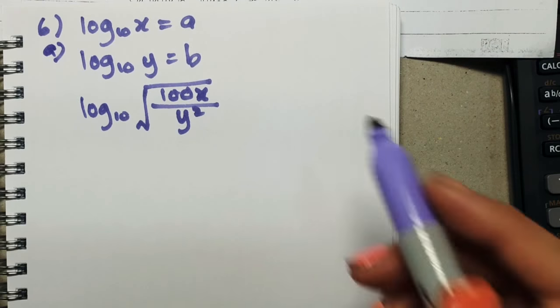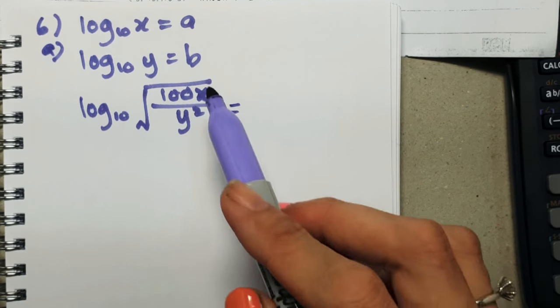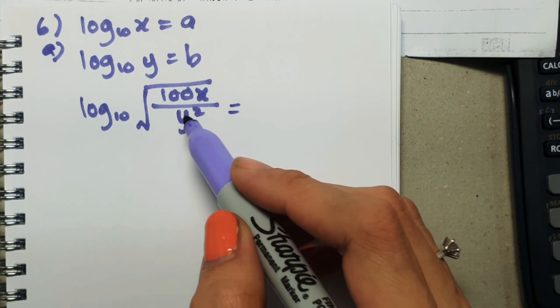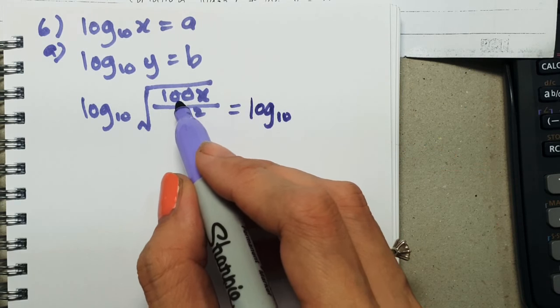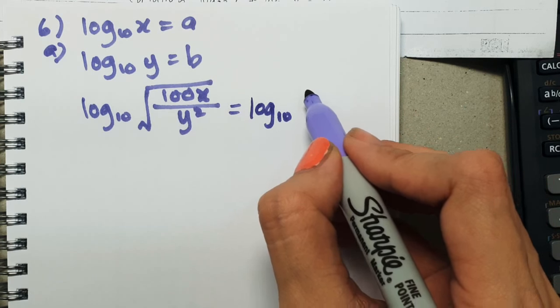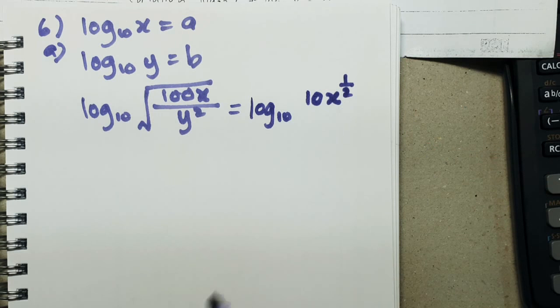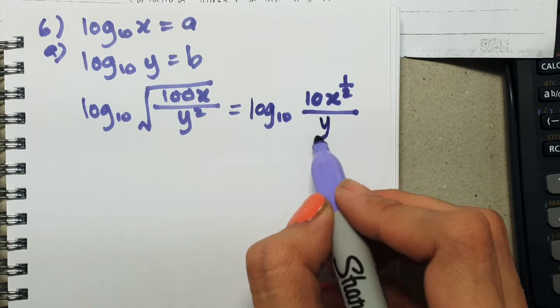So what we do is, first of all, we can square root the 100x first. So over here, it will be log base 10. Now, square root of 100x will be 10x to the power of half, and then square root of y squared will get y only.